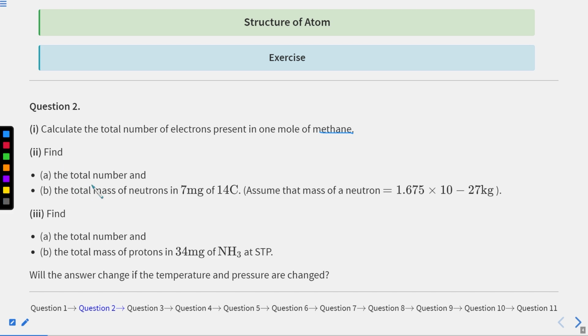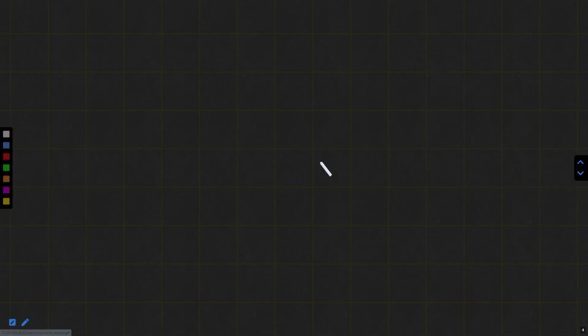Next, find the total number and total mass of neutrons. What we have to calculate is the total number and total mass of neutrons in 7 mg of 14C. Let me clarify the question for you.